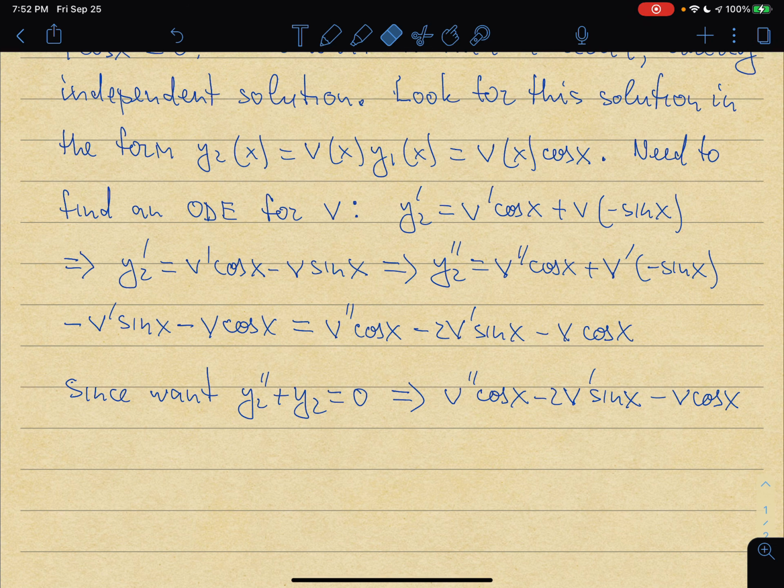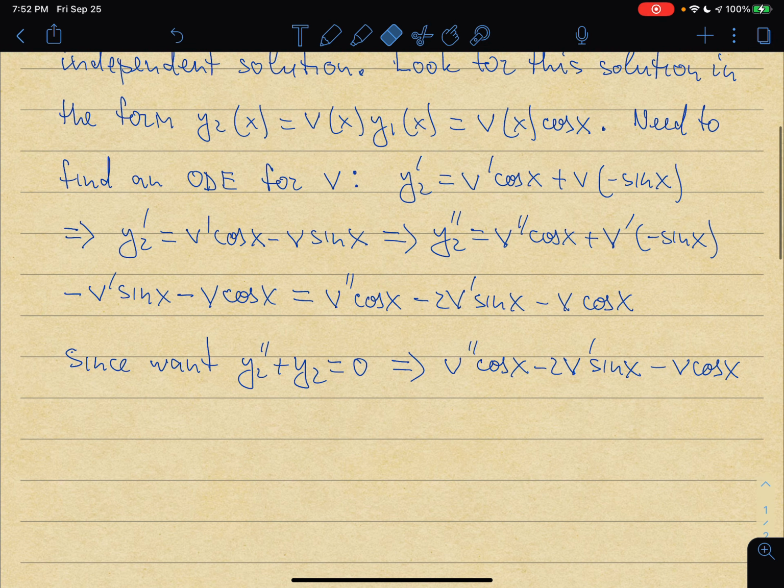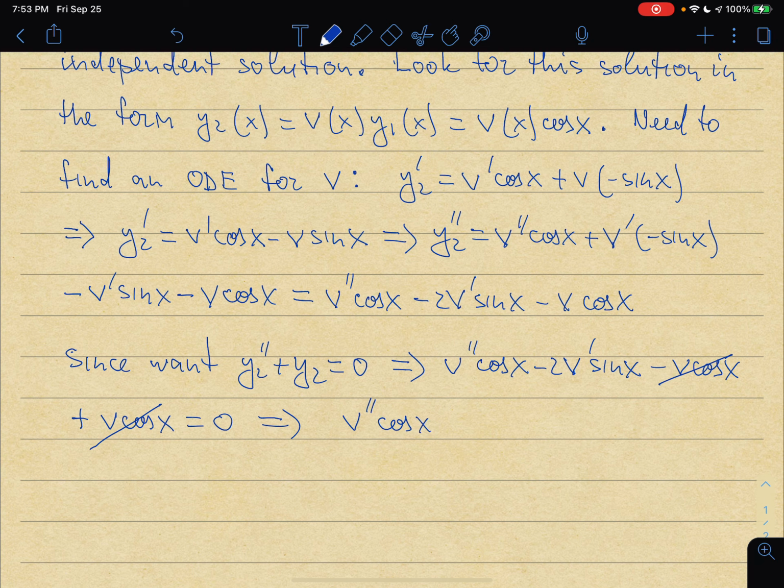So I've just written y2 double prime plus y2. y2 is v cosine x, and I want the result to be equal to 0. But now here I have v cosine x, which cancels with minus v cosine x. So then at the end of the day, what we get is v double prime cosine of x minus 2v prime sine x. This would be equal to 0.